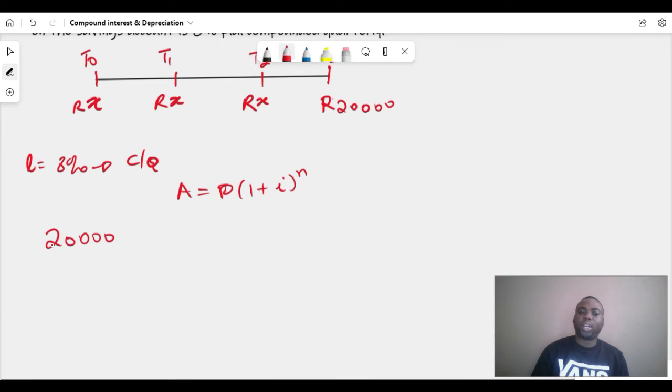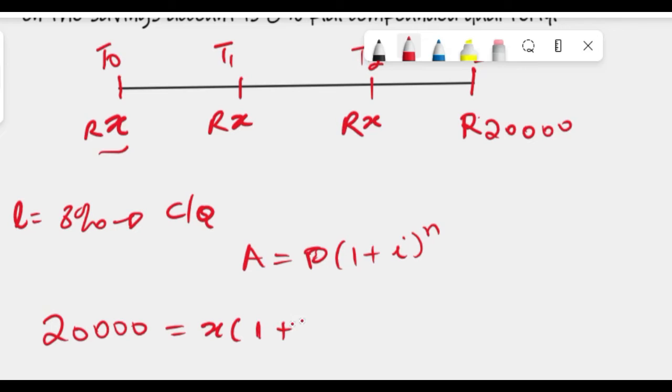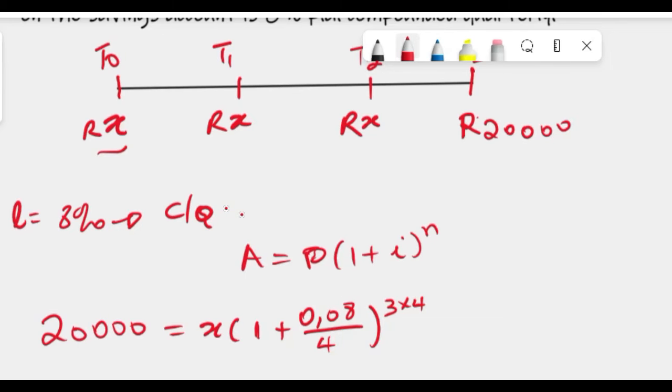So we should have 20,000 because that is our goal. We need 20,000 at the end of the 3 years. Each and every one of our X would have its own bracket. So for the first X, we're going to have this. Now the reason why we have 4 here is because it's compounded quarterly, and that's why we also have 4 there.